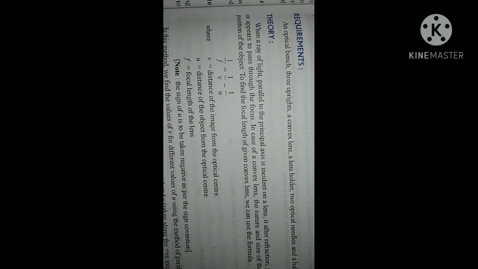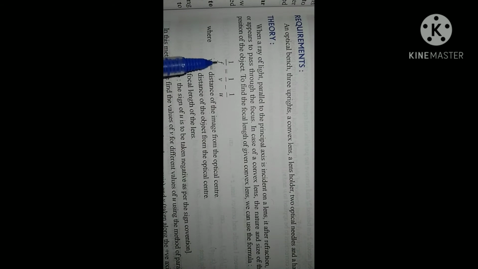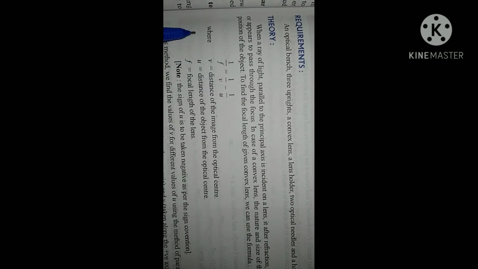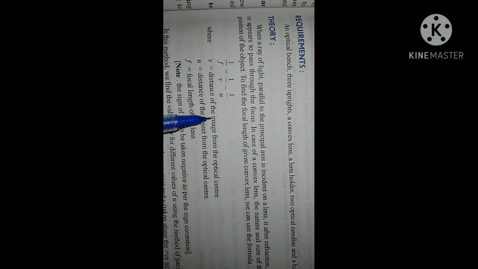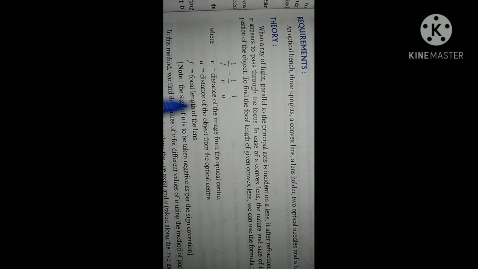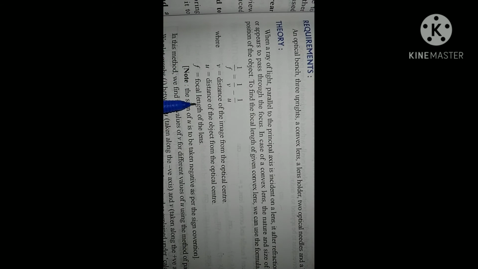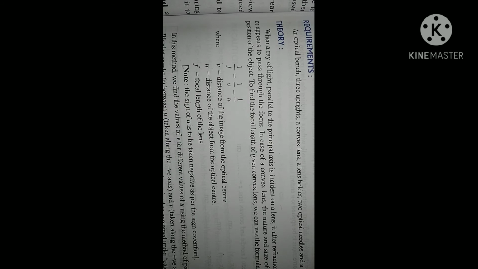And the formula used is 1 upon f is equal to 1 upon v minus 1 upon u, where u is the distance of the object from the optical center, v is the distance of the image from the optical center, and f is the focal length of the lens. Clear? Note, the sign of u is to be taken negative as per the sign convention.